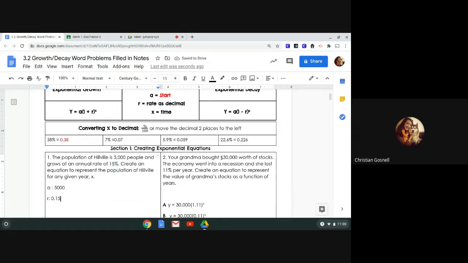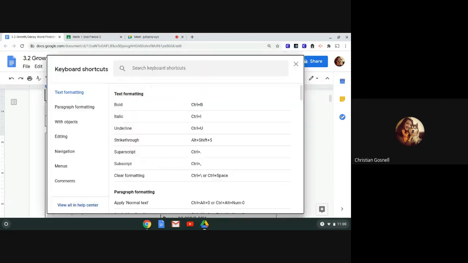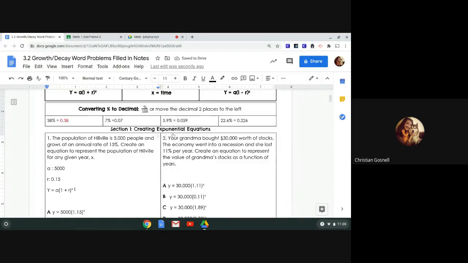And x we don't know. So we plug each of those values into our growth equation, since it says it's growing at a rate of 15%. The growth equation is y equals a times 1 plus r to the x power, so I plug each value into its correct spot: y equals 5,000 times 1 plus 0.15 to the power of x.